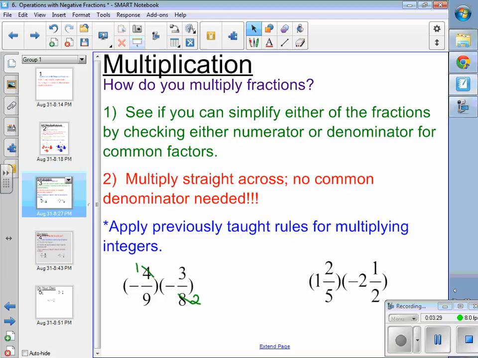And here we have a 3 in common with both of these. So this becomes a 3, this becomes a 1. So now I've got 1 times 1, and these are both negative, so again, I'm going to have a positive answer. 1 times 1 is 1. 3 times 2 is 6, and I've got positive 1/6.